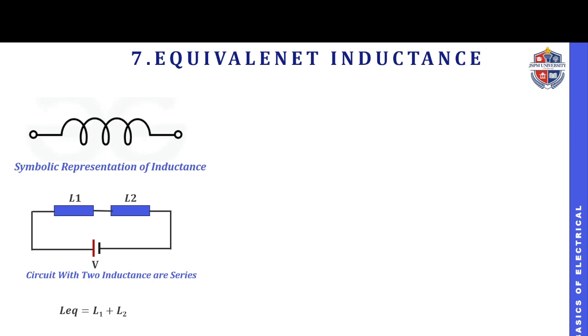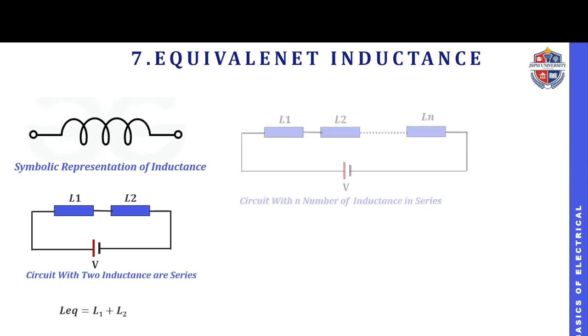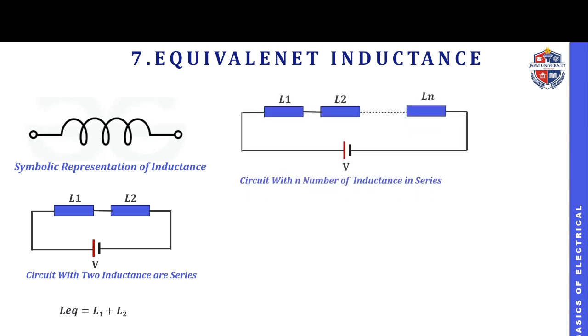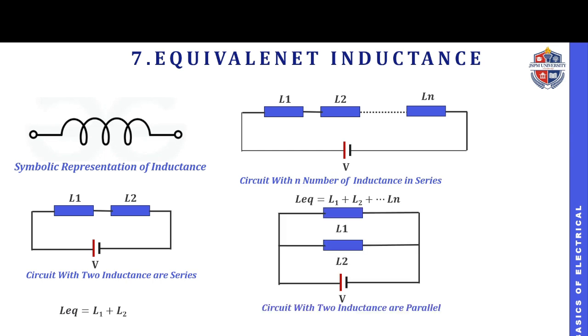Similarly, for resistance, R equivalent also, when two resistances are connected in series, is R1 plus R2. When a number of inductances are connected in series, we can see L equivalent equals L1 plus L2 plus and so on up to Ln. Assume now two inductances are connected in parallel; therefore we can write L equivalent is L1 L2 divided by L1 plus L2.